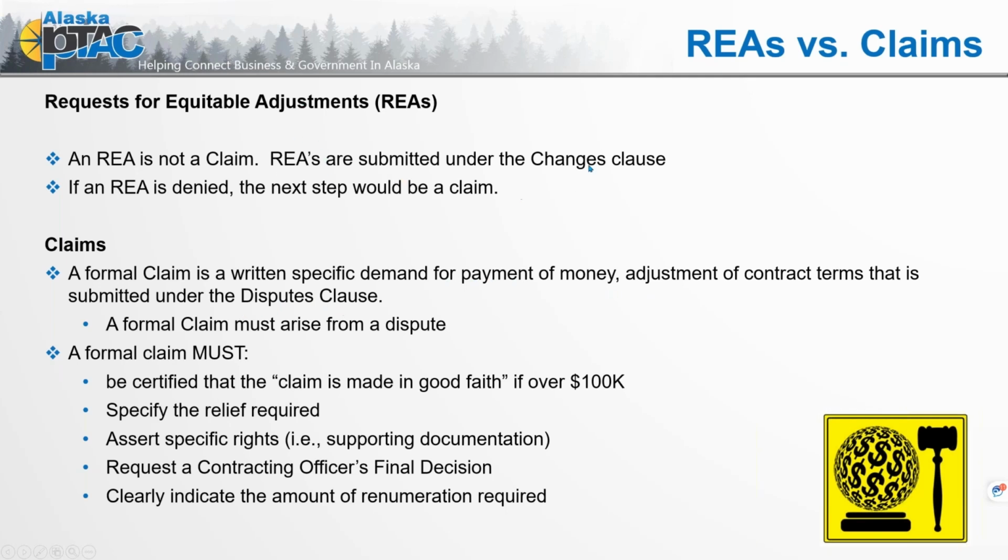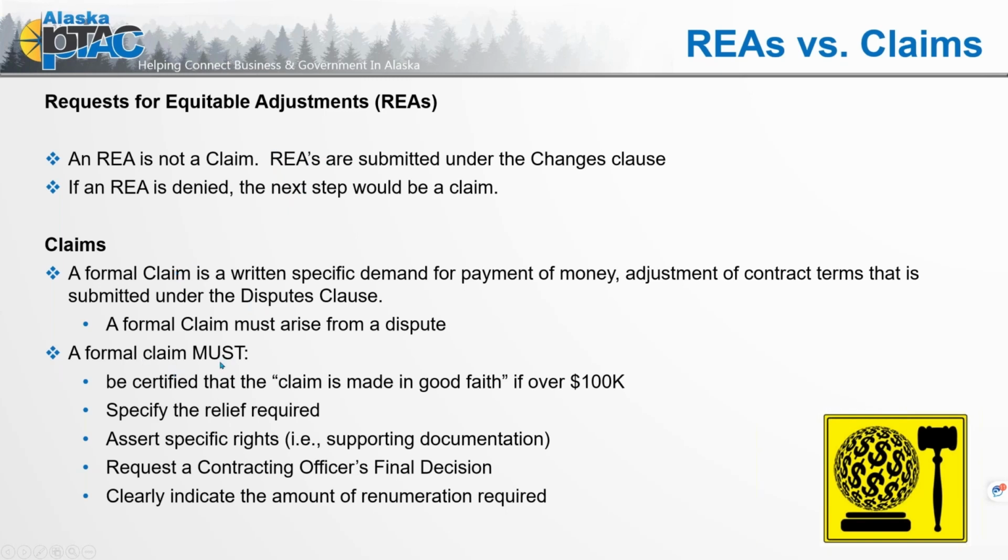So REAs are tied to the changes clause, and claims are tied to the disputes clause. A formal claim must arise from a dispute. We're disputing that we are owed money, and the government said no, you're not. Now we have a dispute, and we're going to issue a claim under that disputes clause.